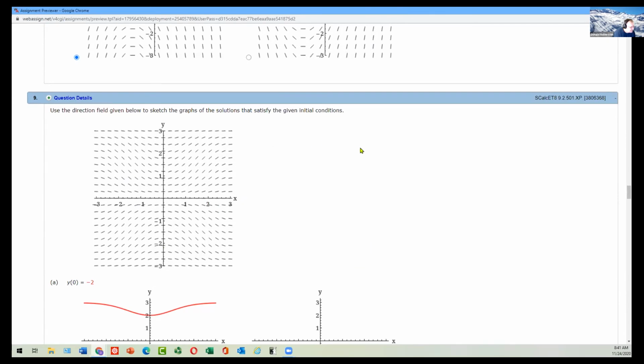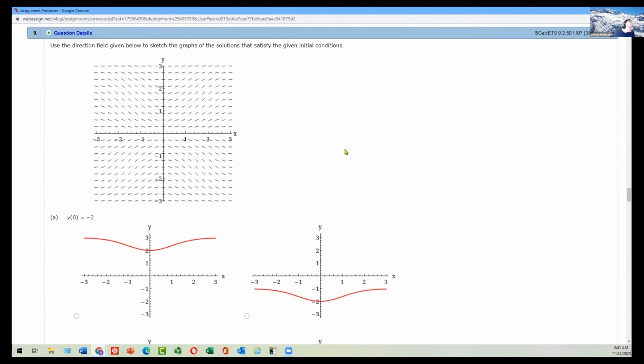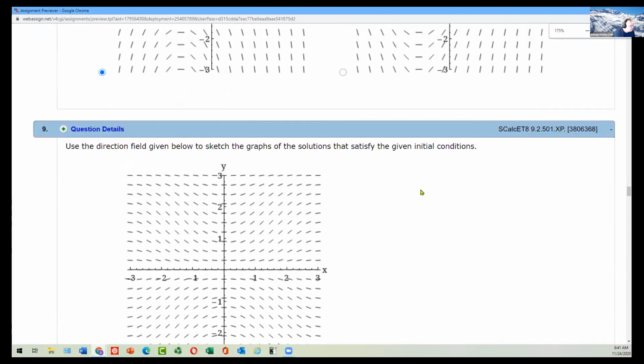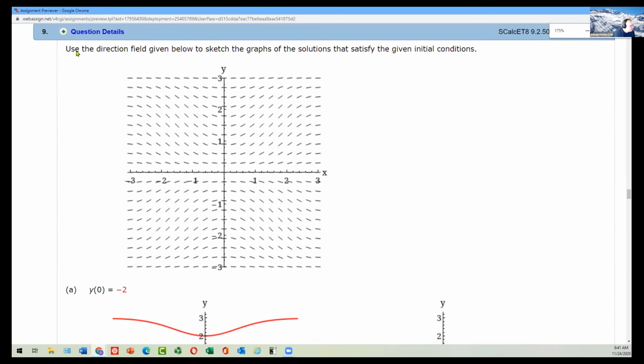Now, in the later groups of questions, it gets a little bit trickier. And so here's question 9, because you won't be able to use the software because they do not give me the equation. All they do is they give me the direction field. But they tell me it passes through the point y(0) is -2. That's another way of saying when x is 0, y is -2.